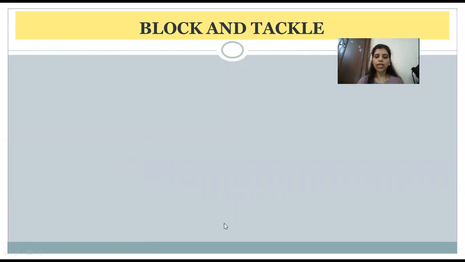So you have to understand that as I'm drawing it on the computer, the circles with which I'm drawing won't be very, very perfect. But when you're drawing in your notebook, take the compass and see that the upper pulley in the tackle has to be of the greater radius, and then you decrease the radius.